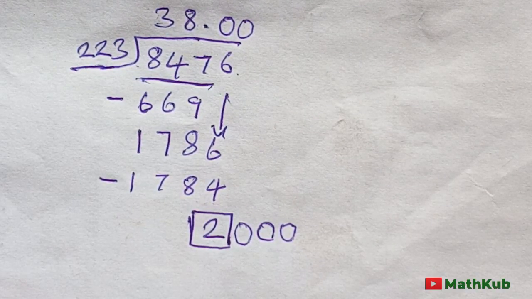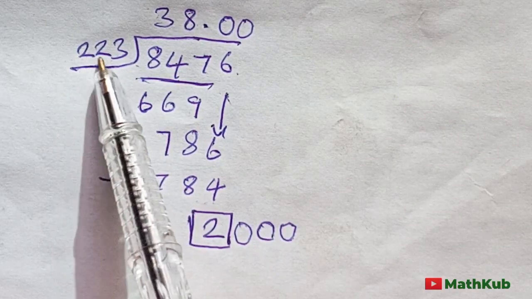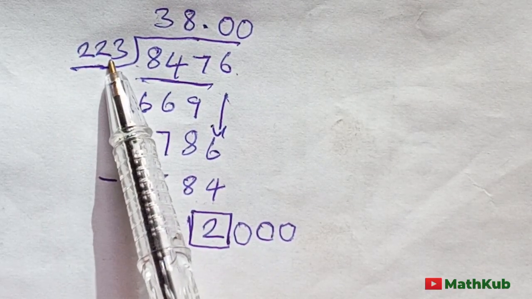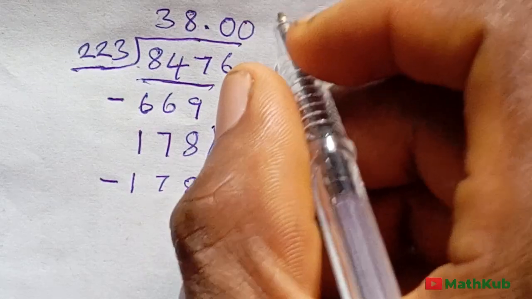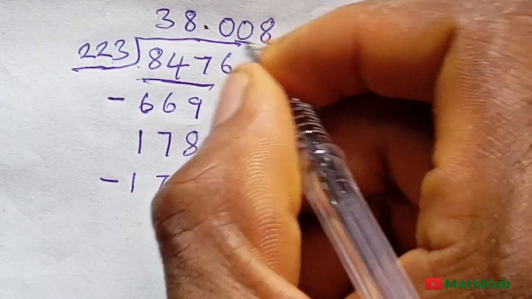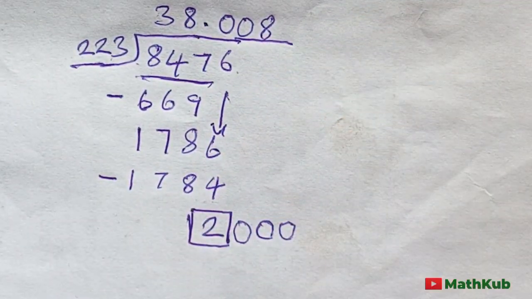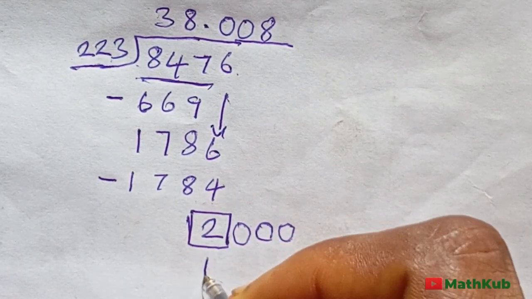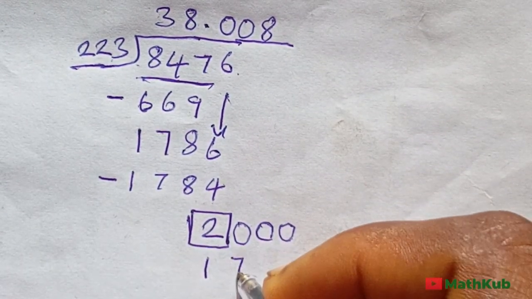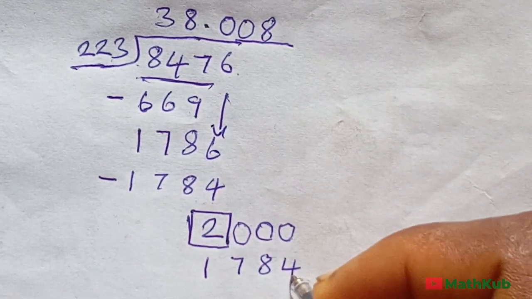So what will happen is that 2000 divided by 223 gives you 8. Then 8 times 223 is 1784.